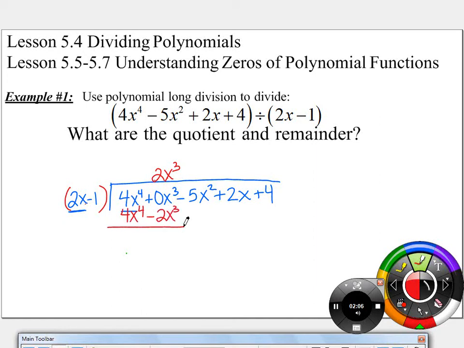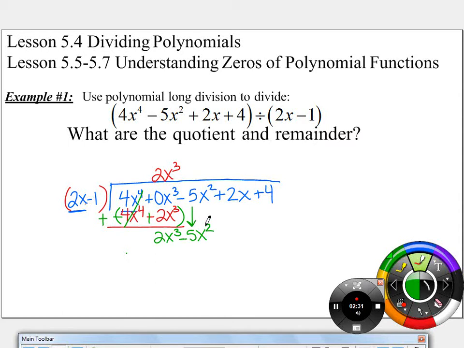Now, you're subtracting this quantity from the quantity that was already in your problem. Subtraction with polynomials is like addition if I distribute the negative sign throughout. So the 4x to the fourth will cancel. I'll have positive 2x to the third left, and I'll drop down the next term, which is negative 5x squared.